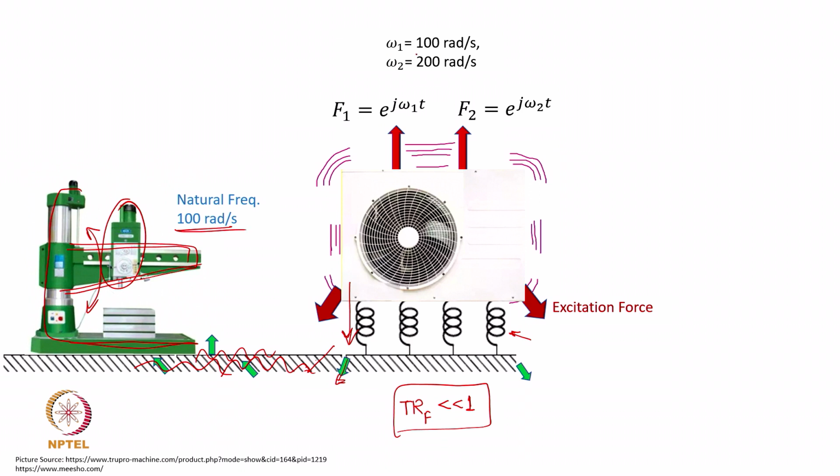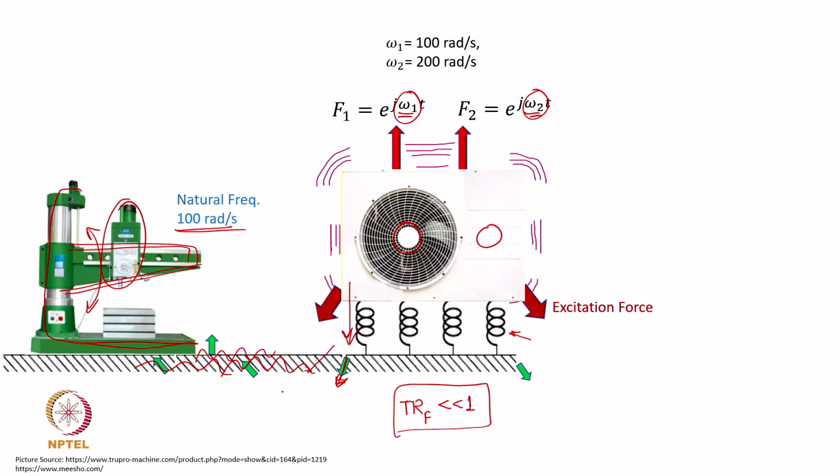Now, we have already declared that there are two excitation frequencies, because there are two rotating systems here. So, the total force which is going into the ground, if the system is linear, will have components of both omega 1 as well as omega 2.